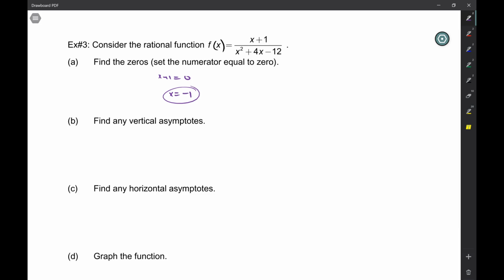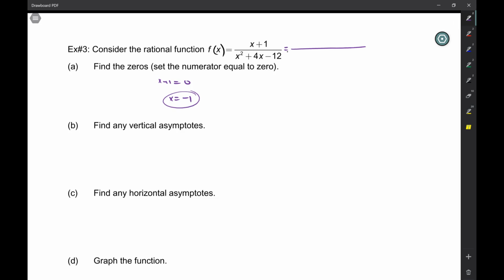Vertical asymptotes. Okay, so first let's factor. Let's factor, and I'm going to get x plus 1 over x plus 6 and x minus 2. Did anything cancel? No, which means both of those give us vertical asymptotes, okay?